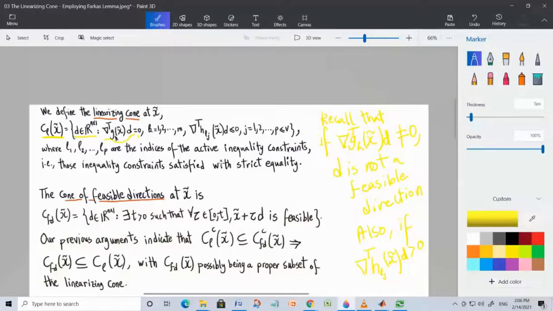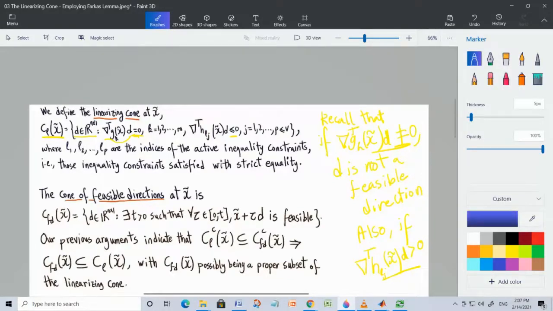Again, if we have this or we have that, then we are sure by the previous slide that we are moving in directions that will lead outside the feasible set. We will reach some point x tilde plus tu such that no matter how small t is, we are at an infeasible point. So we will focus on directions that give you a 0 here and give you less than or equal to 0 there.